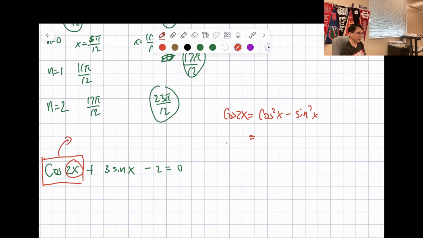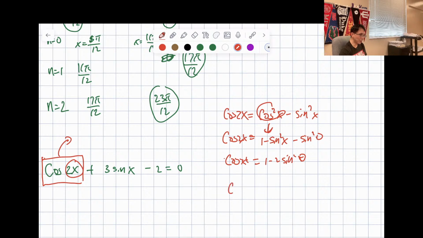Cosine 2x equals 1 minus 2 sine squared of x. So I can change cosine squared as 1 minus sine squared, minus sine squared of x. I just change this to this, and that's equal to 1 minus 2 sine squared of x. It's cosine 2x.